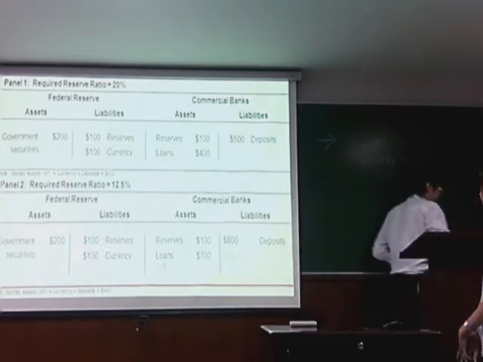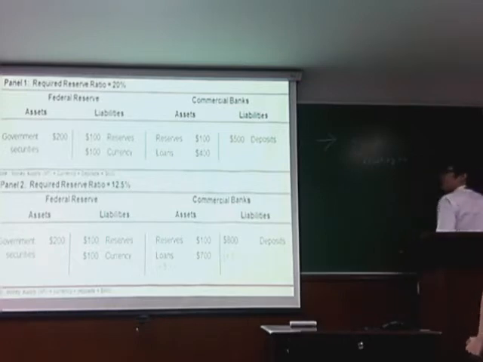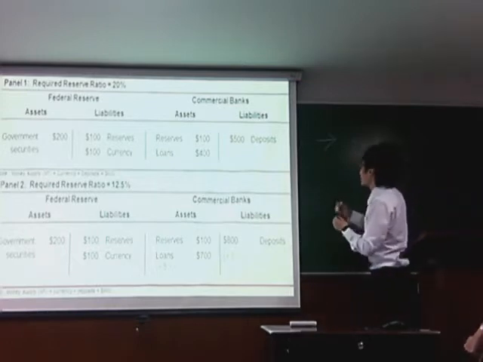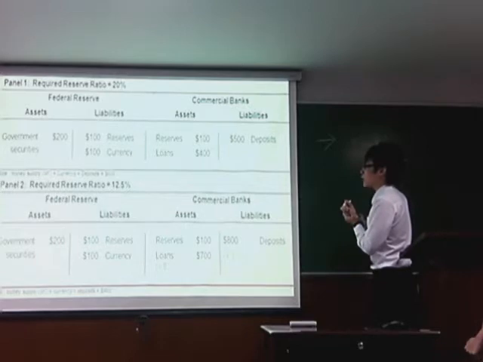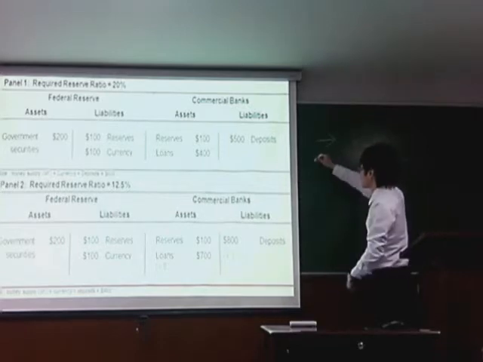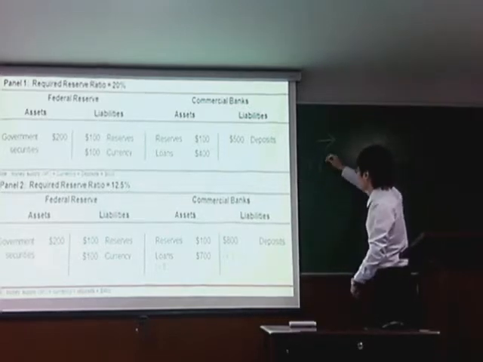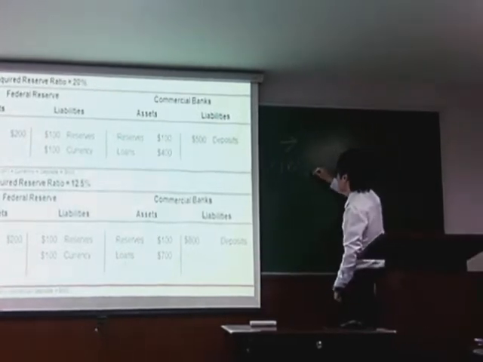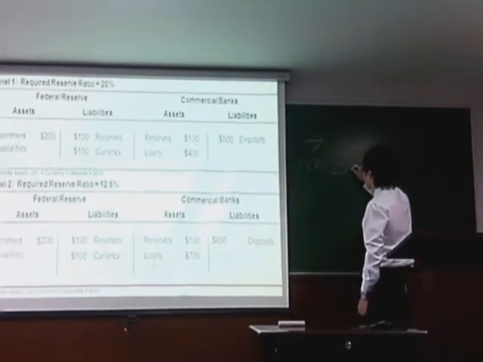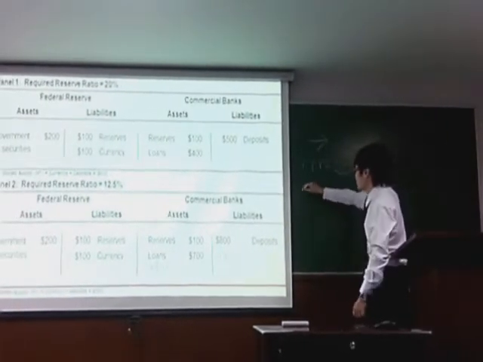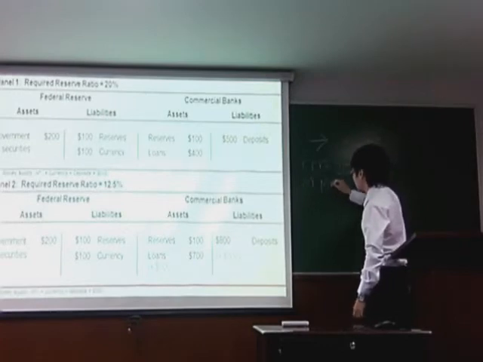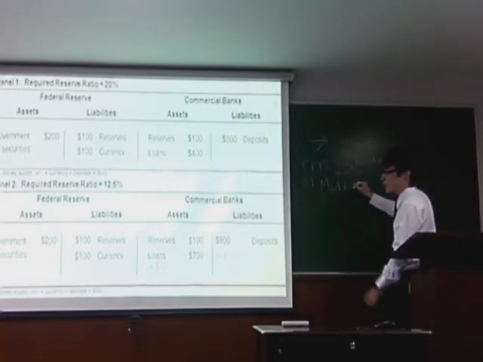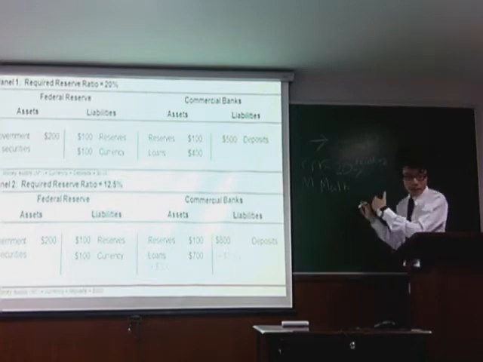Try taking this slowly. Required reserve ratio is 20%, right? So R, 20%. Our multiplier, money multiplier. Can you guys see this? Is it okay?